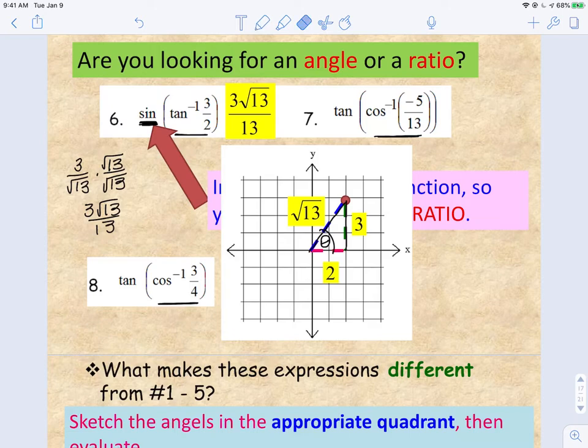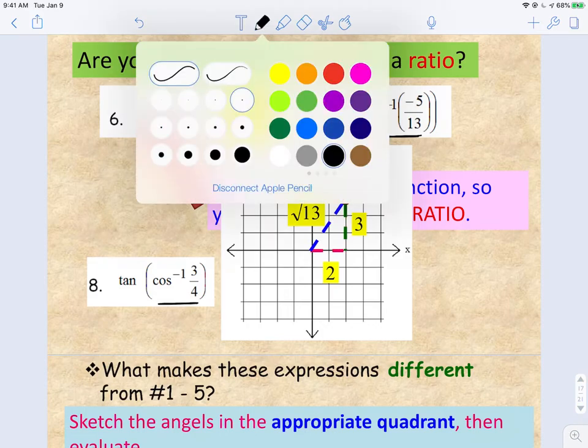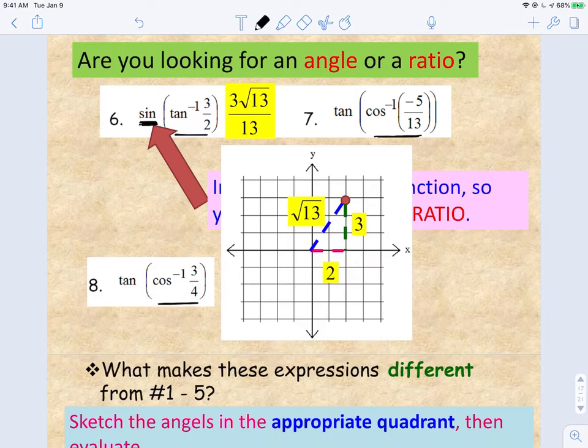All right, let's take a look at number 7. Same situation, you have the inverse on the inside of the parentheses, so we need to build a triangle. Inverse cosine exists in the first and second quadrants. Since this is a negative, we know we need to draw our triangle in the second quadrant.